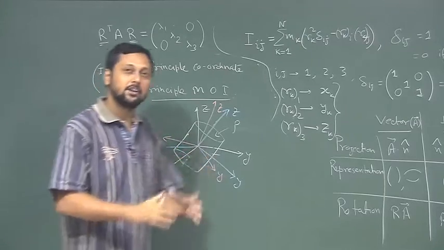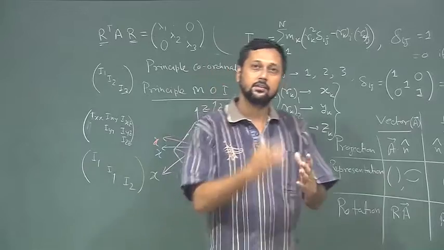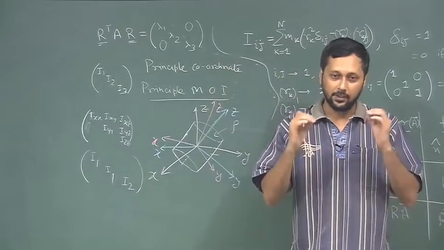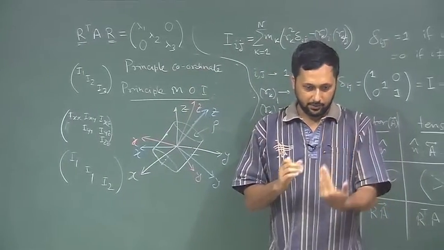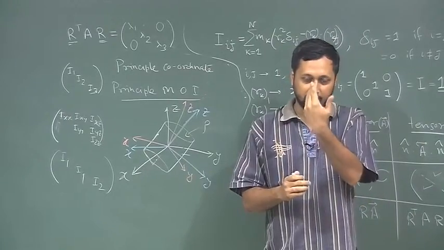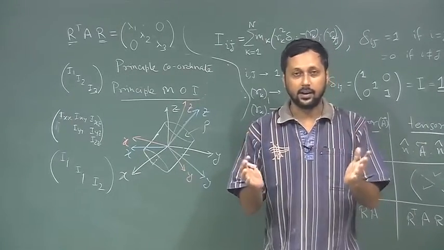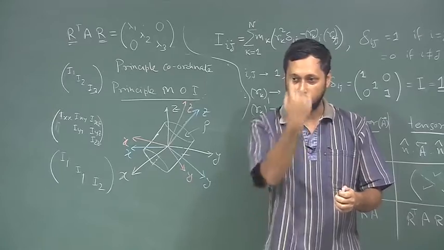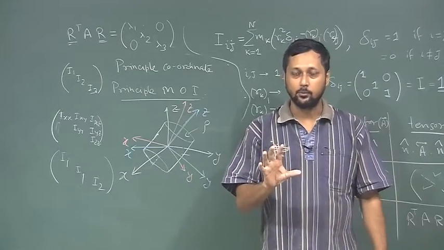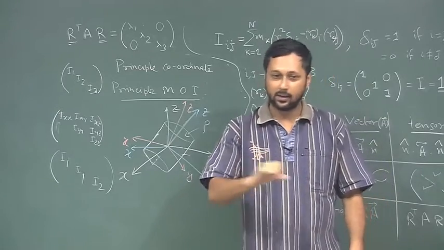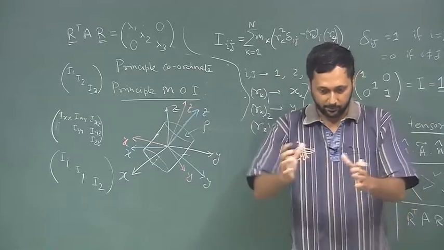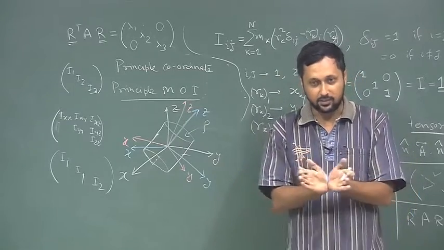Okay. This I can tell you just by looking at the symmetry of the system. If I take a bottle, for example, which has a cylindrical symmetry, I can immediately tell you that if I take an axis system where the z axis runs through the axis of this bottle, that will be one axis of symmetry, and I can choose x and y arbitrarily, because we have cylindrical symmetry in this direction.